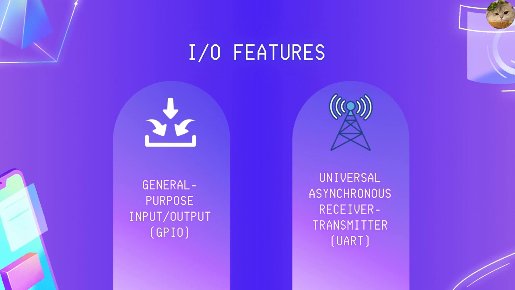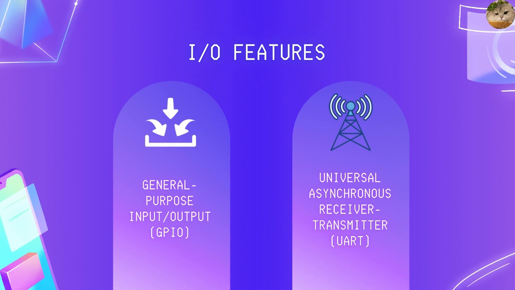So the first part is general purpose input-output, also known as GPIO. GPIO pins are used to handle both incoming and outgoing digital signals. In the case of the Aquavert, GPIO pins enable the processor to interface with external sensors and actuators, allowing for digital input and output operations.